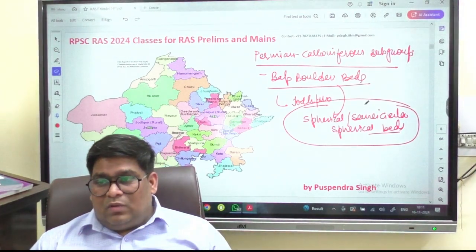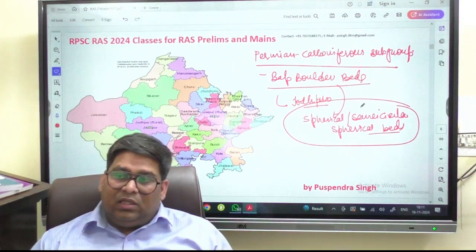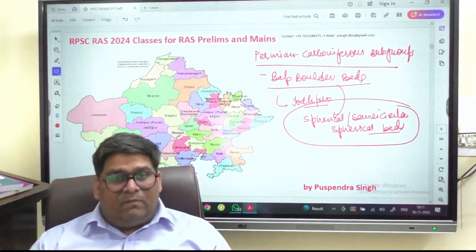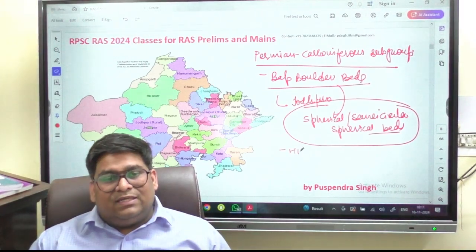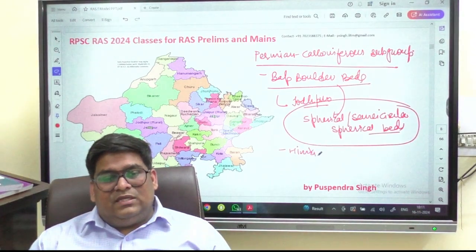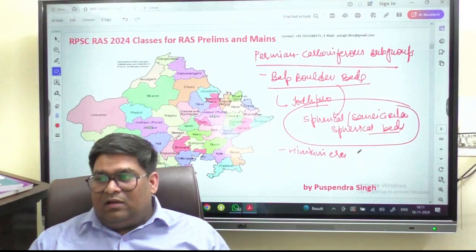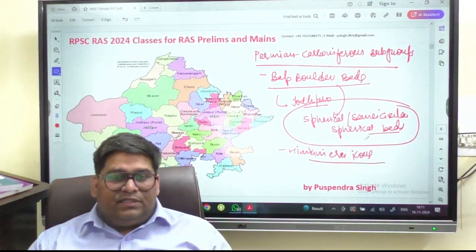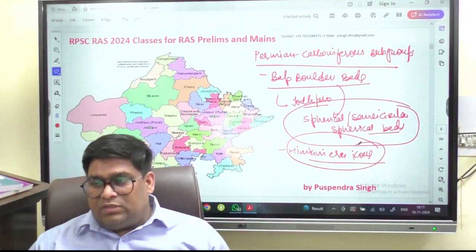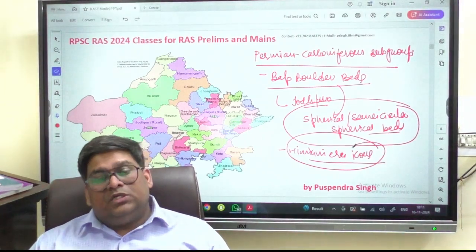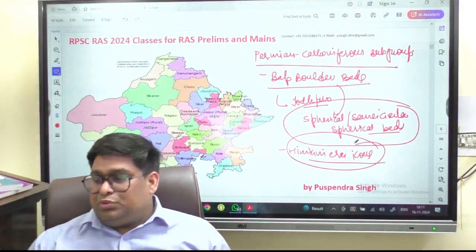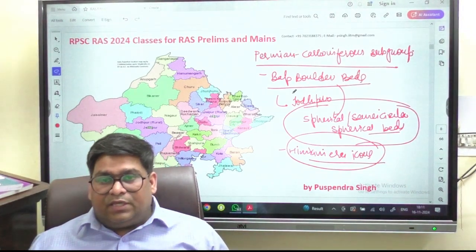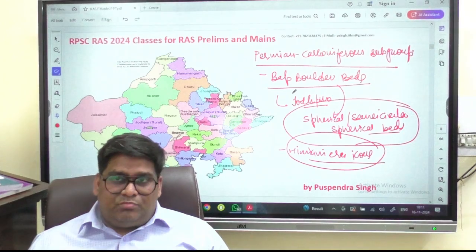Okay. Now there is one more bed that is known as Himani era icons. Okay. These are inscribed on them. These blocks are mainly formed due to the fragmentation of different types of rocks of the Vindhyan subgroup.